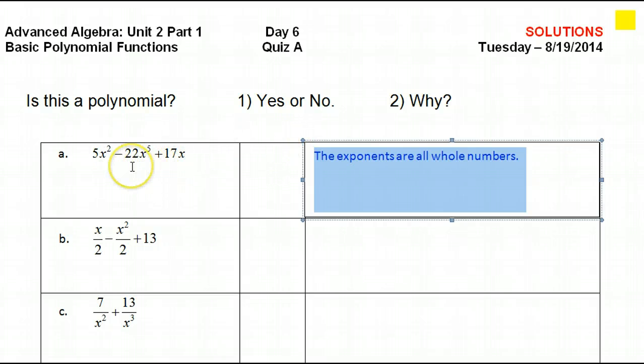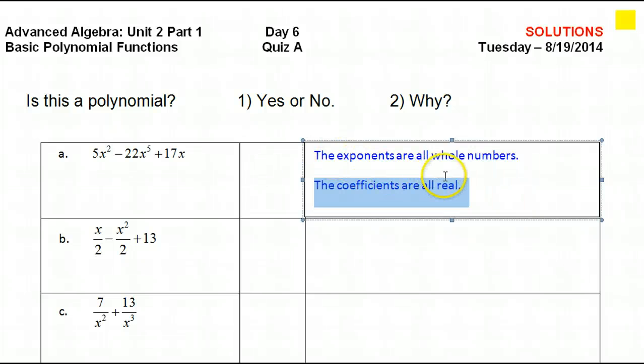So far, so good. The other main characteristic is all of the coefficients have to be real. So please understand the coefficients 5, -2, 17, those are all integers, so they're definitely real. But even things like pi and square root of 5 would also be real.